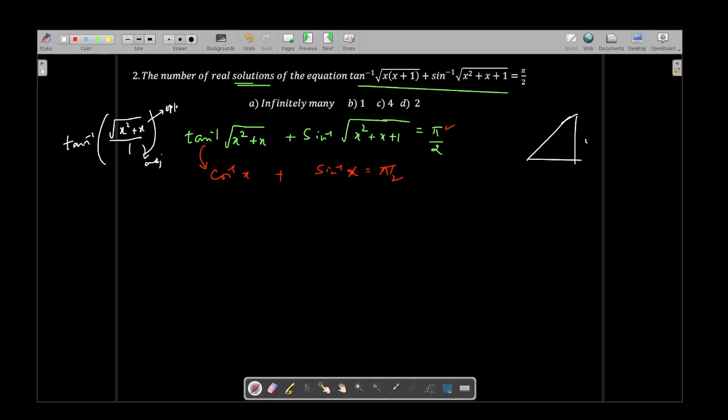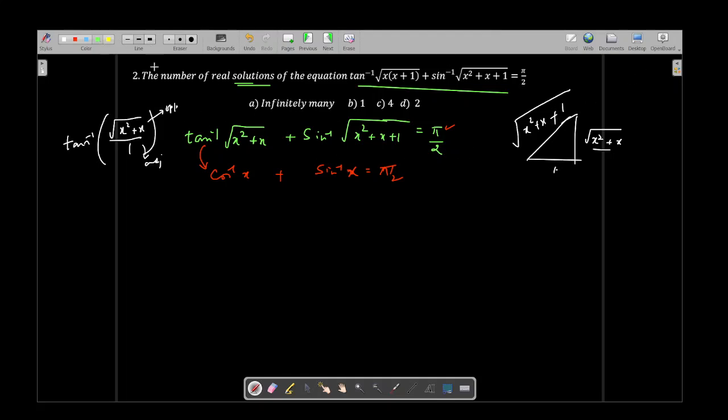Opposite side is square root of x square plus x and the adjacent is 1. Now the hypotenuse will be the square root of the square of this, x square plus x, plus the square of 1, which is 1. So this is my hypotenuse.